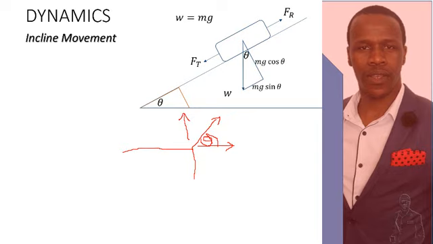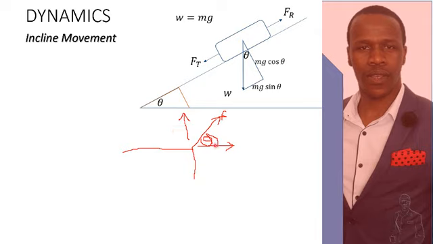If, of course, that was F, and this is theta, we would have F cos theta on the side adjacent to the angle, and on the side opposite to the angle we'll have F sin theta.